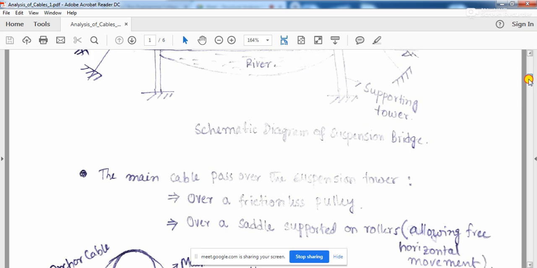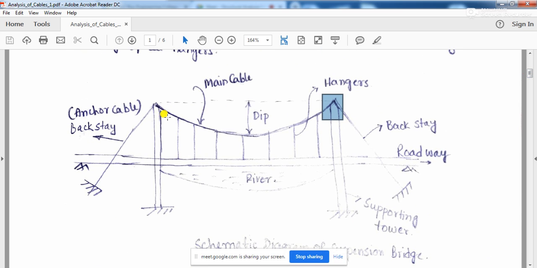But one point you should be very clear about: the inclination or slope of the main cable at this support, that is, if I draw a tangent over here and take a horizontal line, the angle of the tangent of the main cable and the angle the backstay or anchor cable is making with the horizontal may not be equal, or it may be equal.